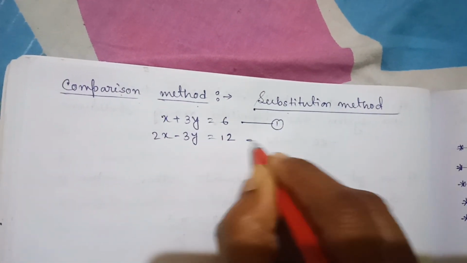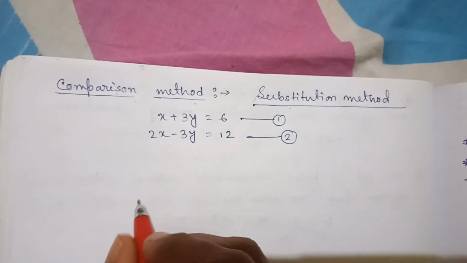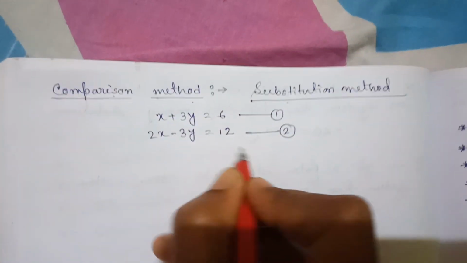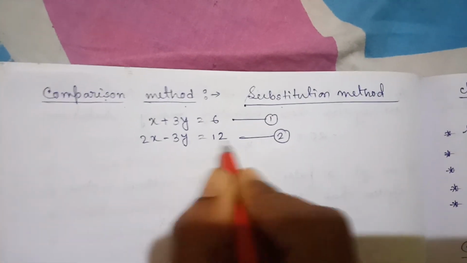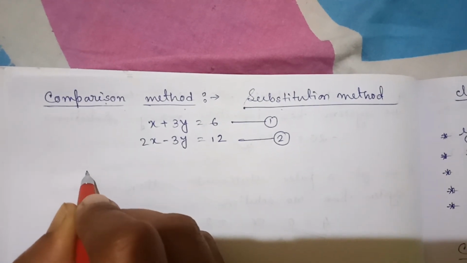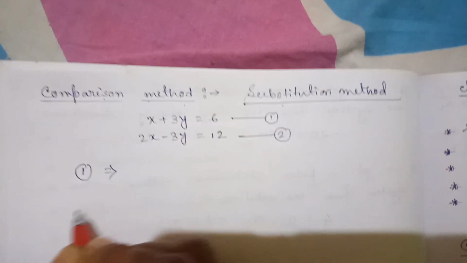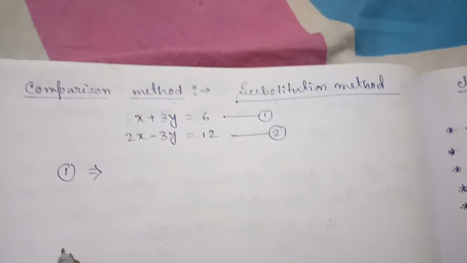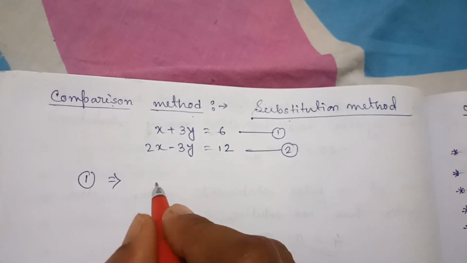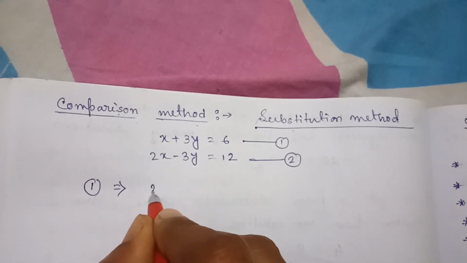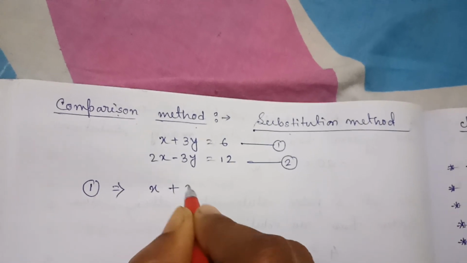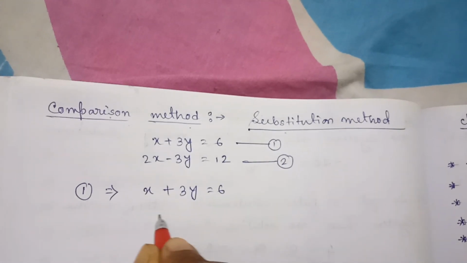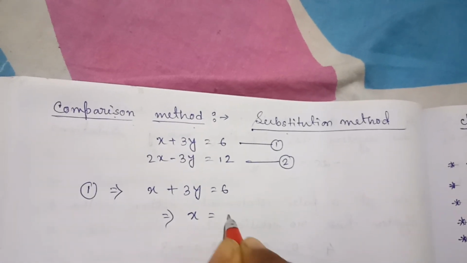We need to give these equations the names 1 and 2. In substitution we know that from any one of the equations we have to find out one of the variables' value in another variable's form. So we are choosing like this, number one equation and x.